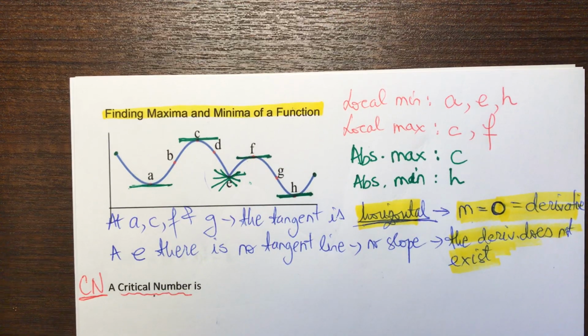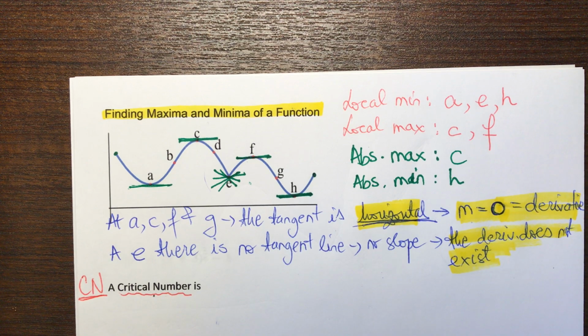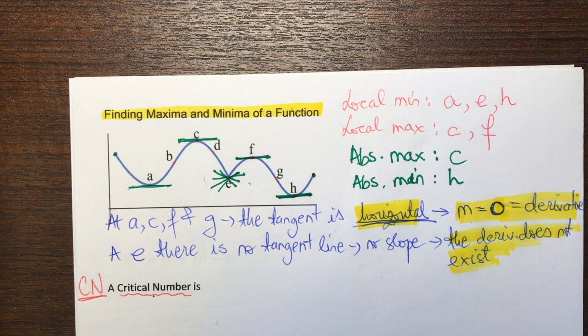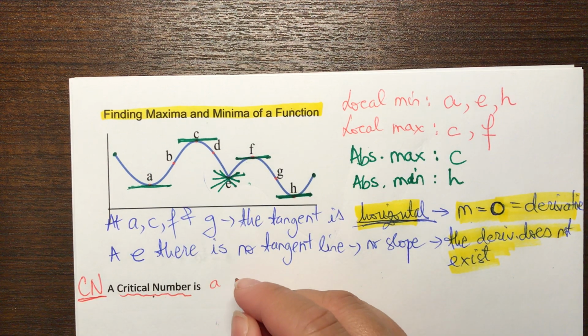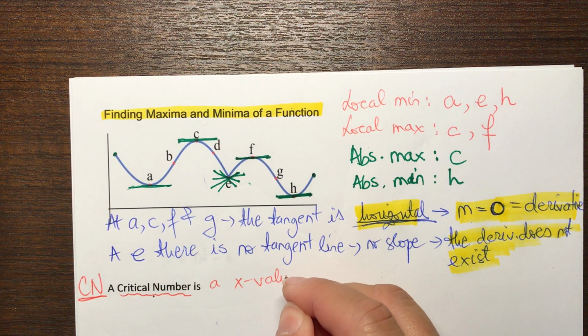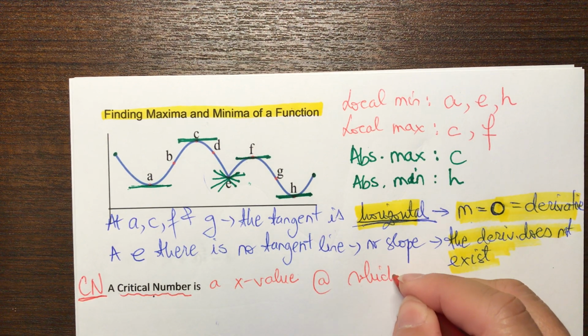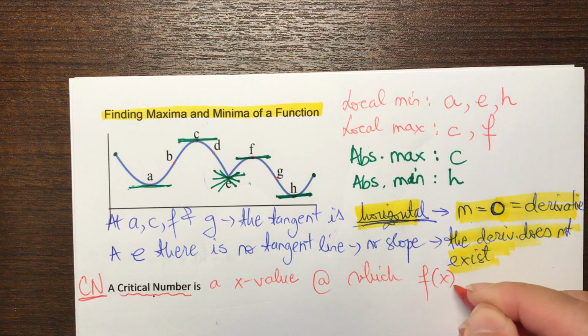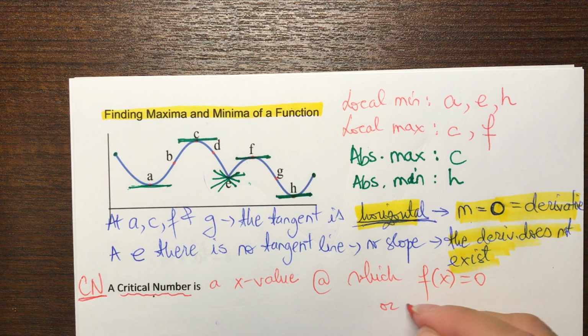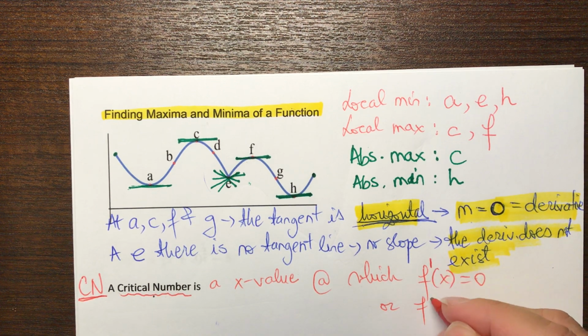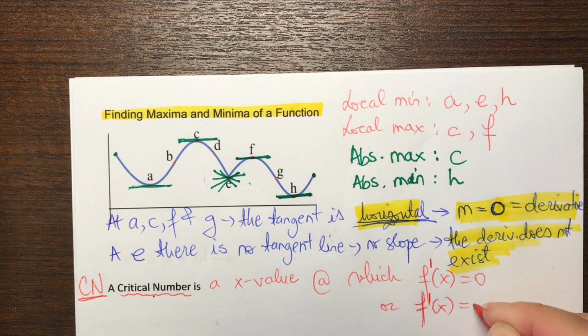So when I say find the critical numbers, you might write CN for that. So a critical number is an x value or number at which the derivative is equal to 0 or the derivative of the function is undefined.